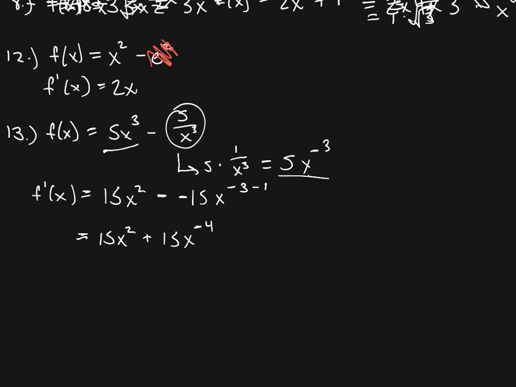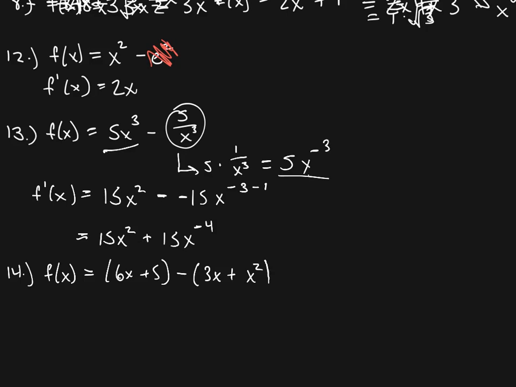It's simply 15x squared plus 15x to the minus 4. Problem number 14 looks complicated because of the parentheses, but it's really nothing new. F of x is equal to 6x plus 5 minus (3x plus x squared).